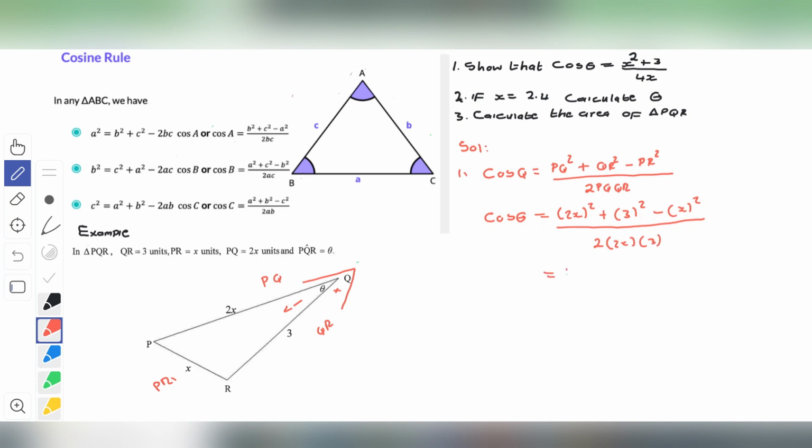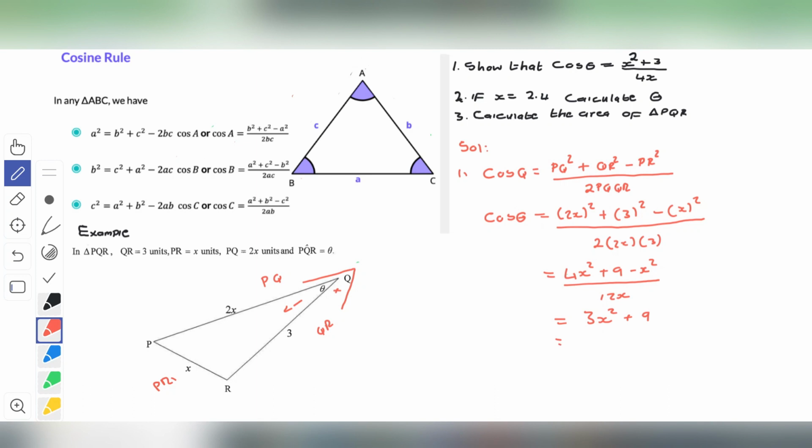Then simplify, we're going to have 4x squared plus 9 minus x squared, all over 12x. So now we can see that we have like terms, then it's going to give us 3x squared plus 9, right?